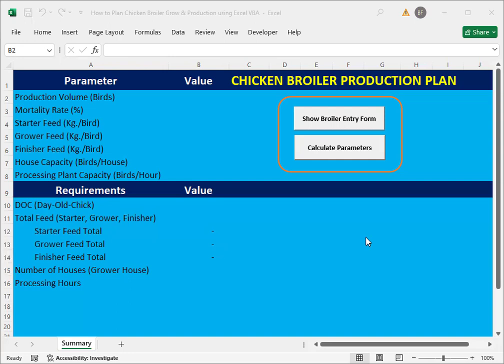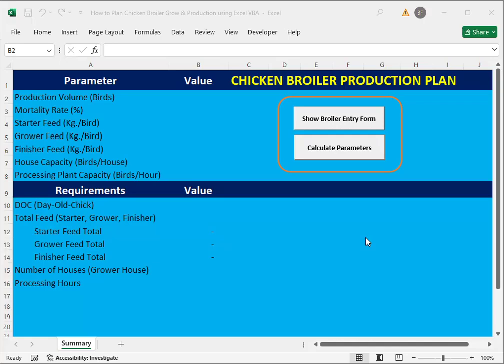Okay, the second one would be the grower feed, and the third stage would be the finisher feed. This is the feed that we're going to feed our bird before slaughtering it in the processing plant. So the starter feed will be started on the day-old chicks. This is between 0 to 14 days of feeding the bird.